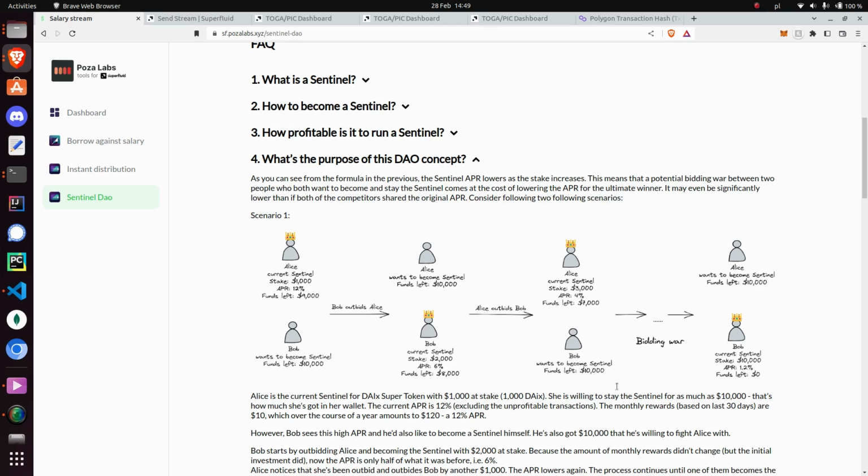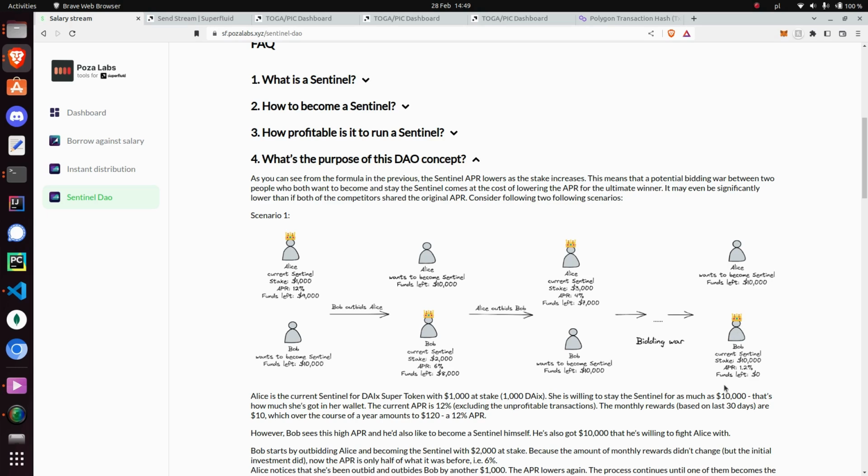So this bidding continues, and we arrive at a point one day where only one of them is the Sentinel, and they're all out of money because they've outbid their competitor with all their available funds, and the APR has dropped significantly in comparison to what it's been at first.